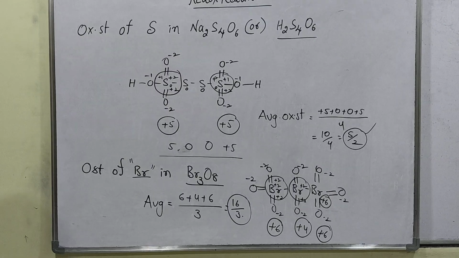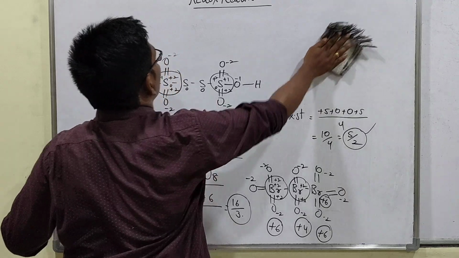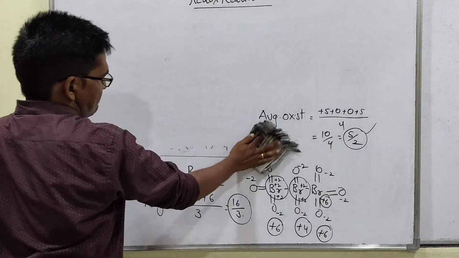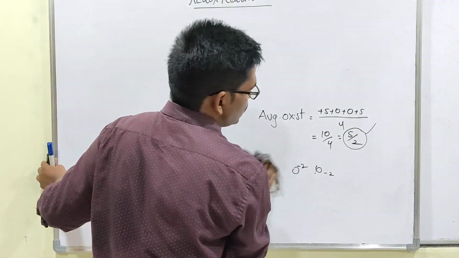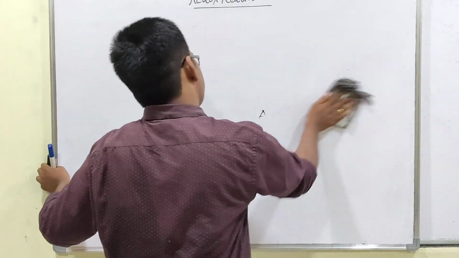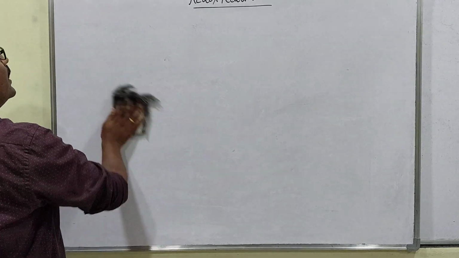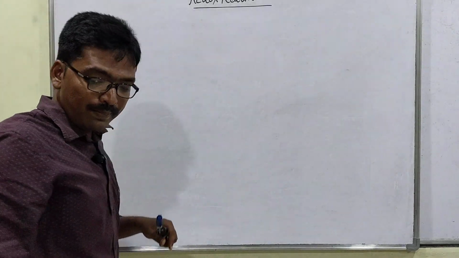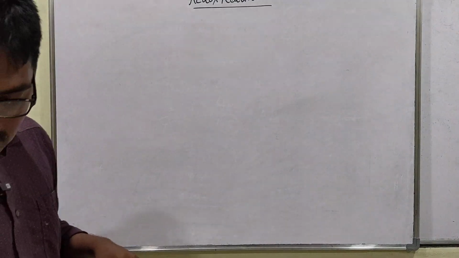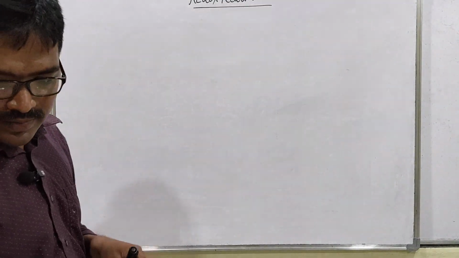Look at the oxidation state of oxygen in H2O2. H2O2 is what? Hydrogen peroxide. In the name itself it is there: a peroxide bond is there.